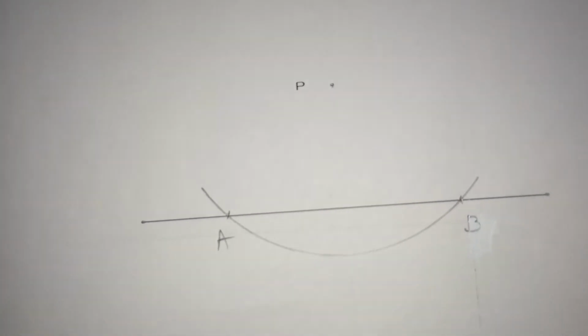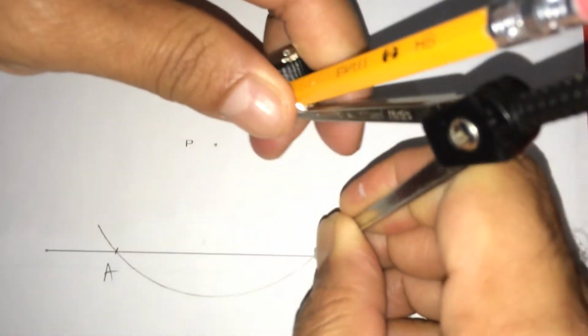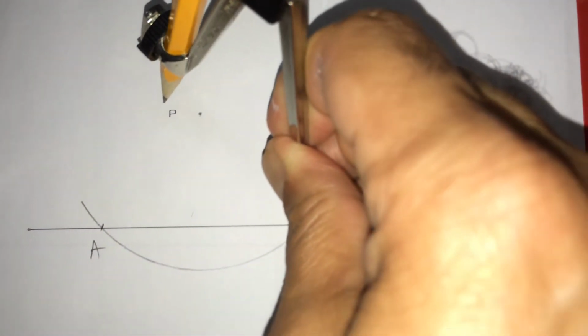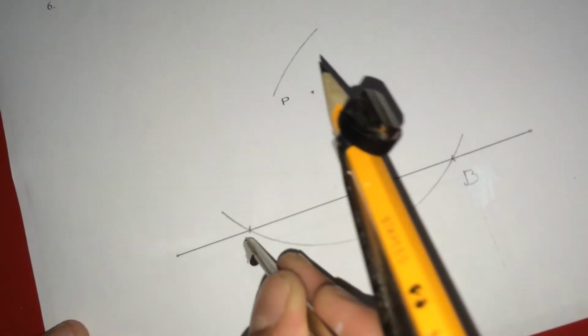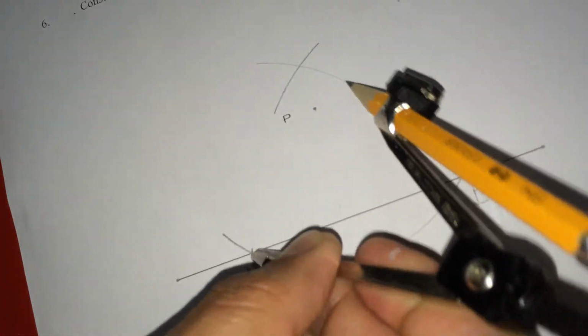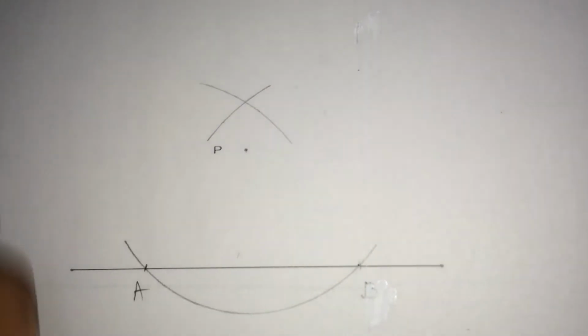Next, this time I take B as center. I increase the radius a little bit. I draw one arc like this, and without disturbing this radius, take the same radius. This time with A as center, draw one more arc like this, that intersects the previous arc at this point.